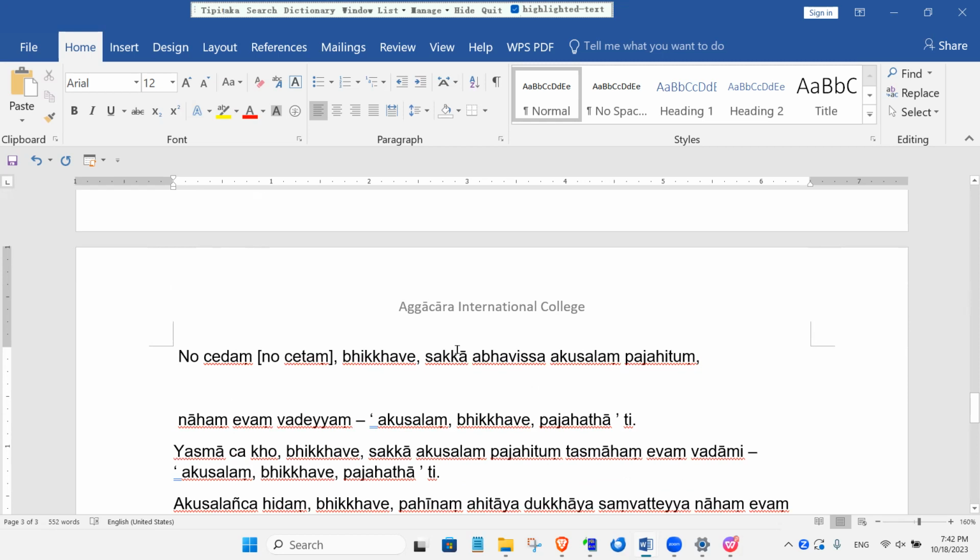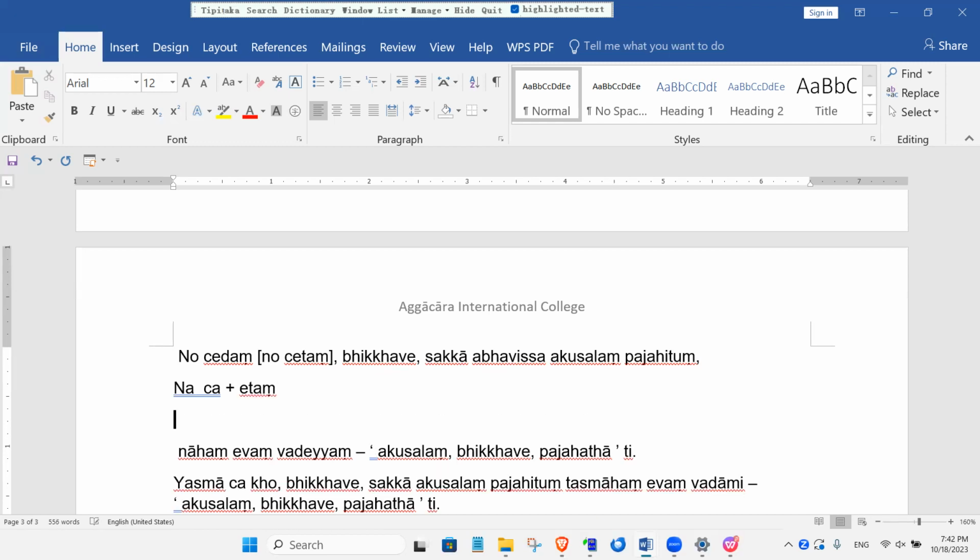You have the sakka, you have the bhikkhave, you have the akusalam, pajahitum. Here, no chedam. In other Tipitaka editions it is written as no cetam. No is the same as na, right? Here it means ca plus etam, a combination. So not and this.